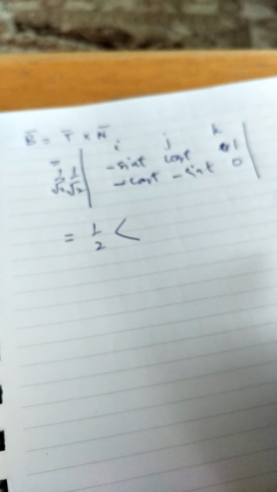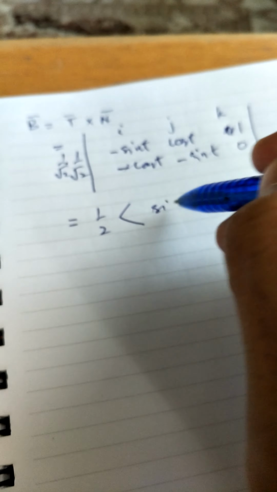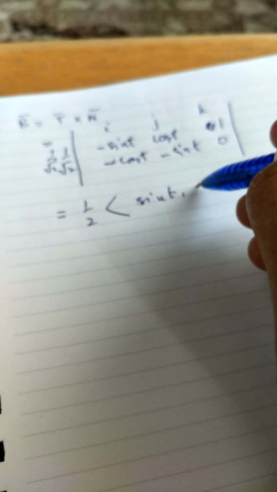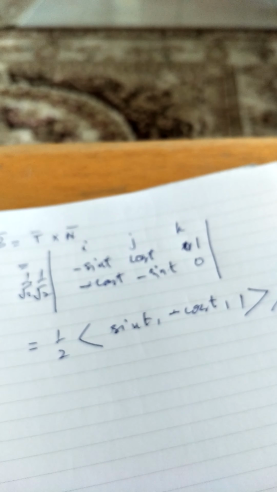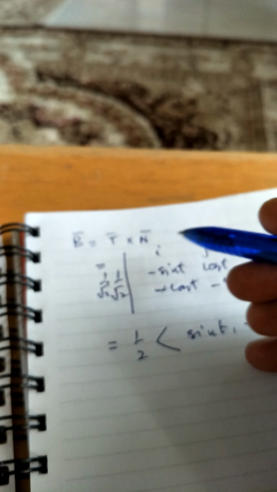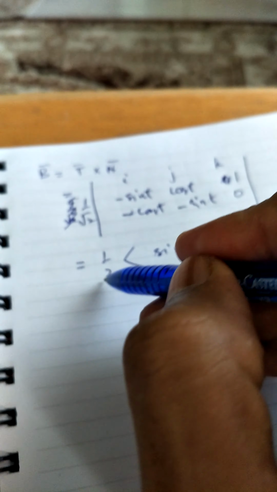So we have sin t, negative cos t, and we have 1. Right. So there's our binormal vector. I think this is just 1, so we have the square root over there.